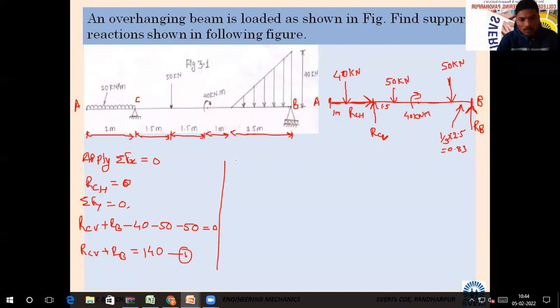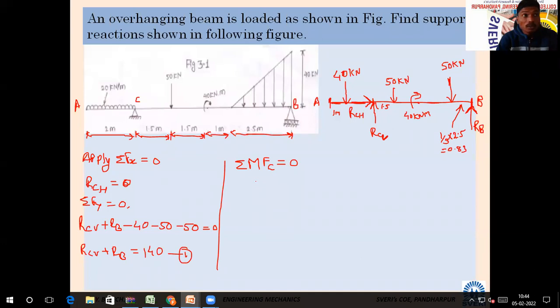Okay, next summation of moment due to all forces at point C. We have to take. Tell me now. Due to this leftmost 40 kilonewton force, how object will rotate at point C? Anti-clockwise.